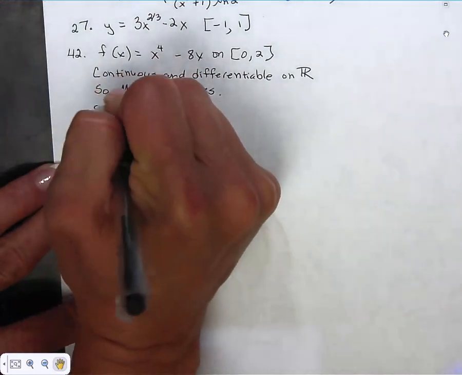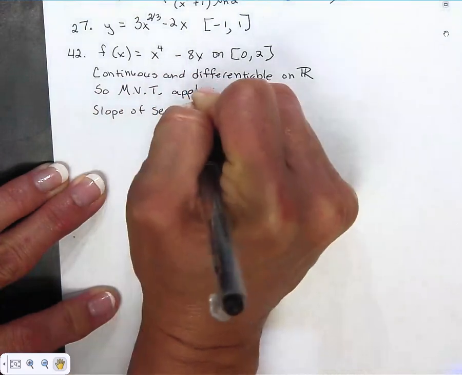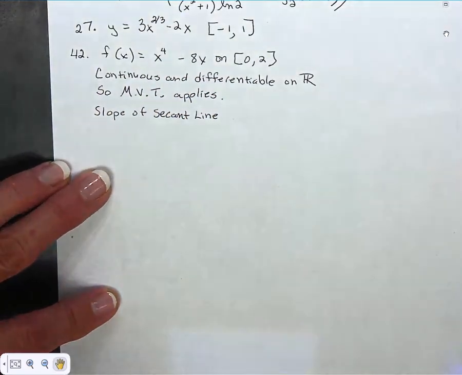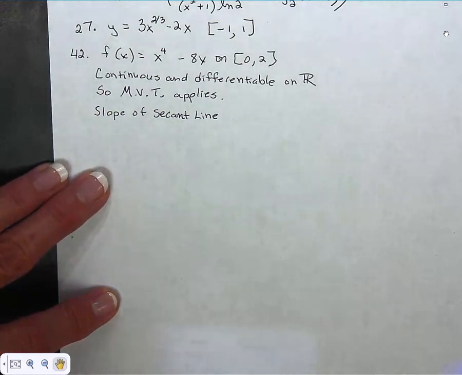Let's do the slope of the secant line. Let me think just a second. We're looking for the point C in the interval from A to B.